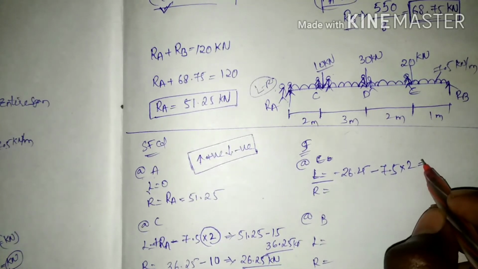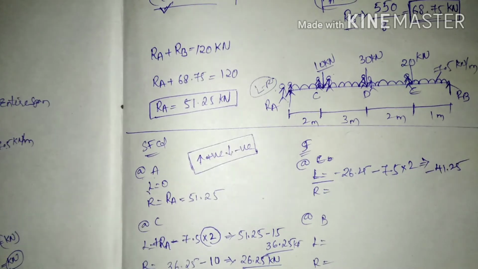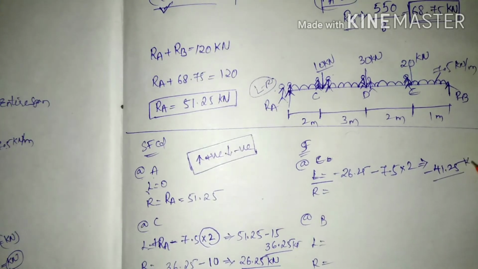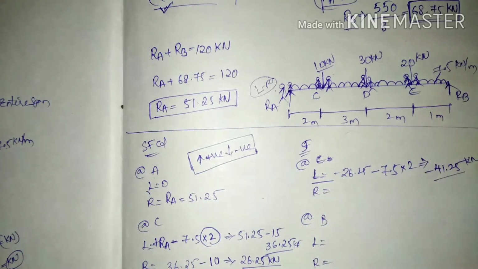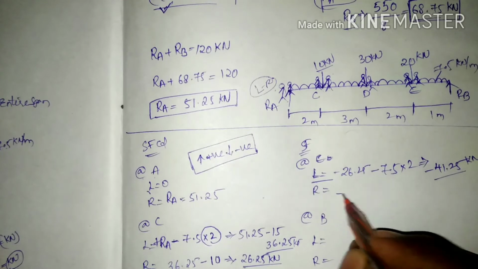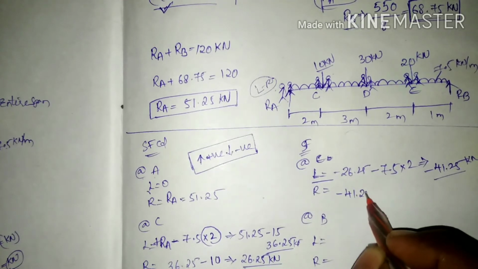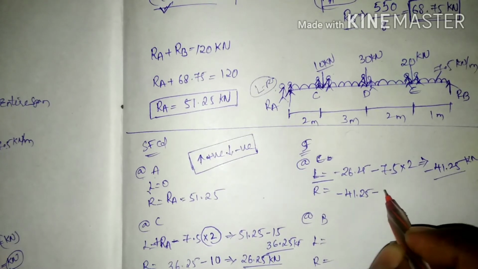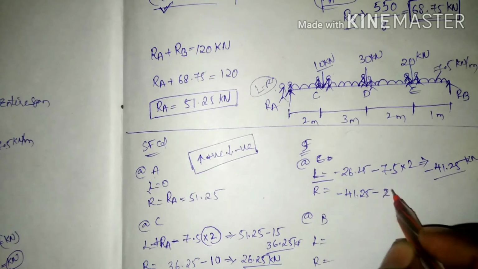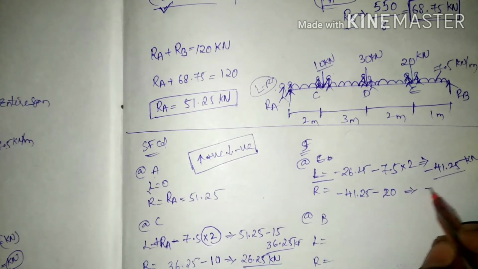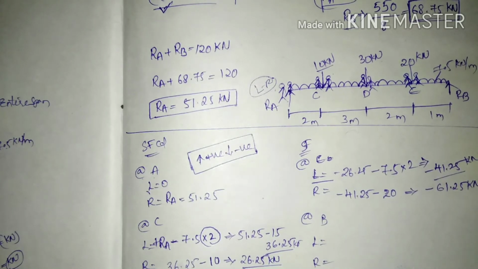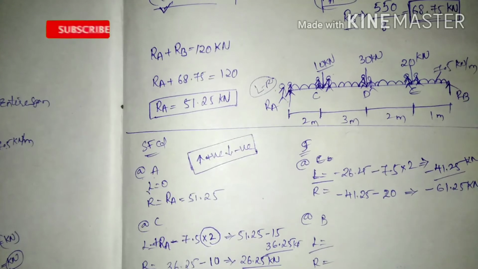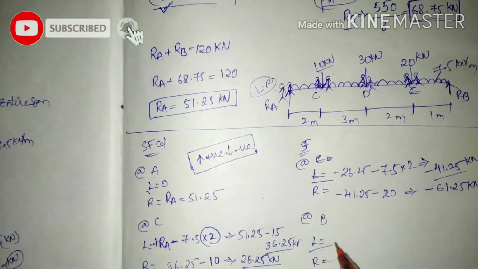Then the value is going to be minus 41.25 kilonewtons. Thereafter, moving on the right of the E, up to the left we are having minus 21.25. For the right we are having a downward point load, that is 20. The value will be minus 61.25 kilonewtons.